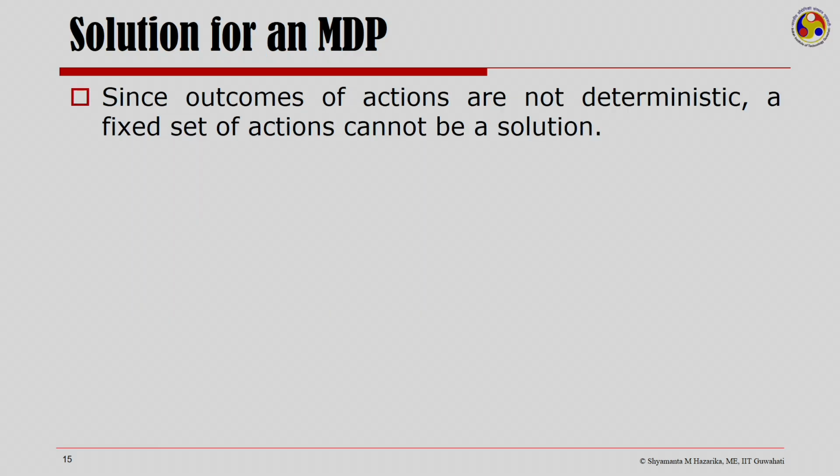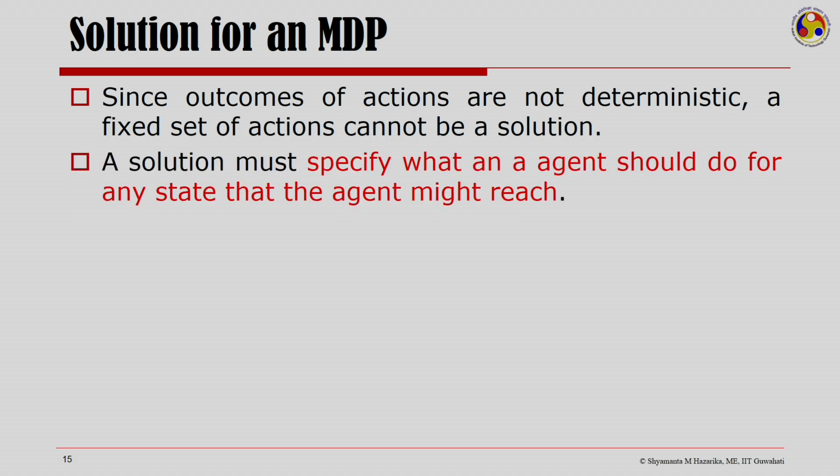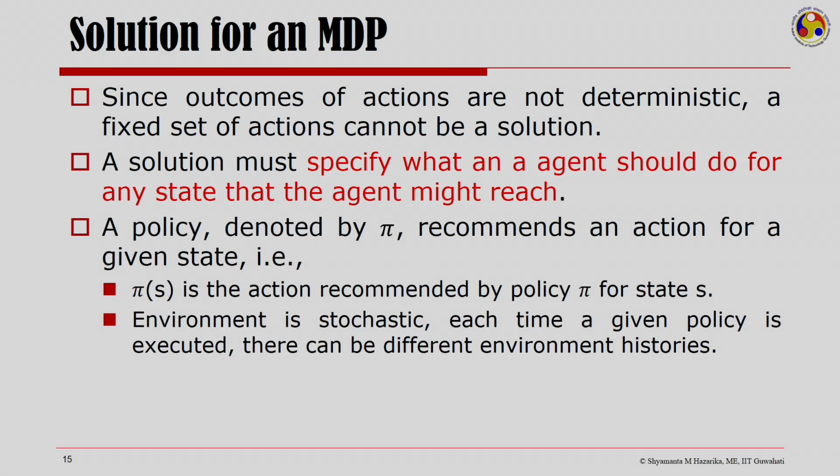So, now having formulated the problem as a Markov decision problem, we need to look at the solution. Since outcome of actions are not deterministic, a fixed set of actions cannot be a solution here. A solution here needs to specify what an agent should do for any state that the agent might reach.